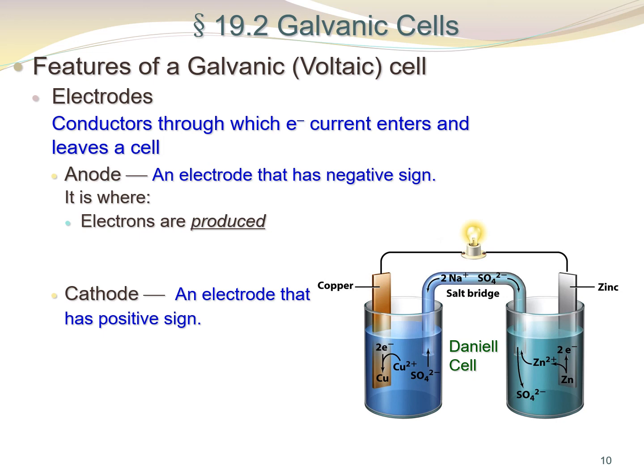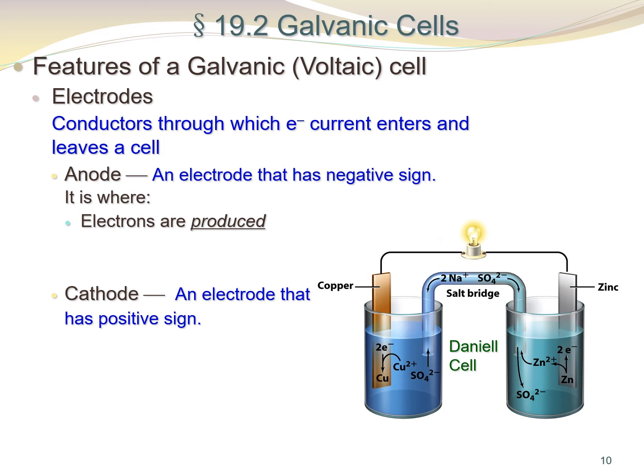When we look at this setup, which side, left or right, do we realize an oxidation half reaction? Because remember, electrons are produced, so electrons are a product, so we are looking for an oxidation reaction.